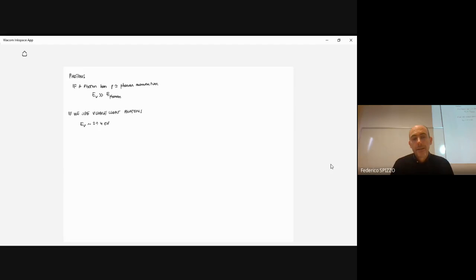This is larger than the typical 10 milli eV energy that we have for phonons. But in the visible light range, we have an experimental resolution that is able to detect this small variation of the energy with respect to the initial energy of the photon.